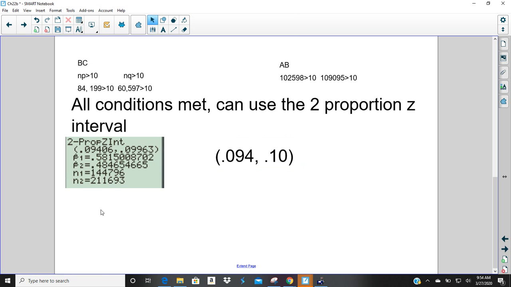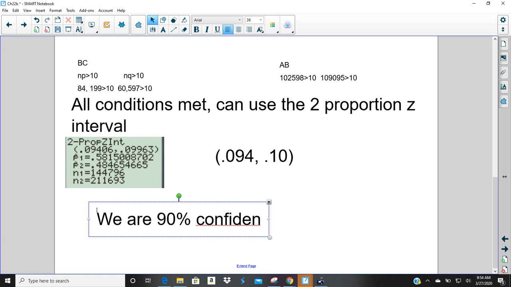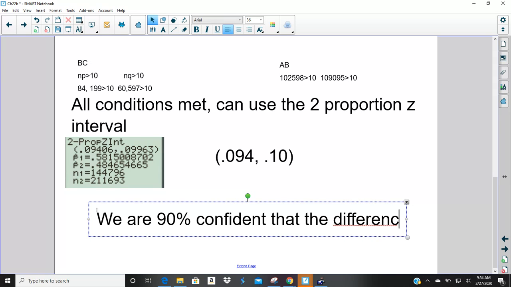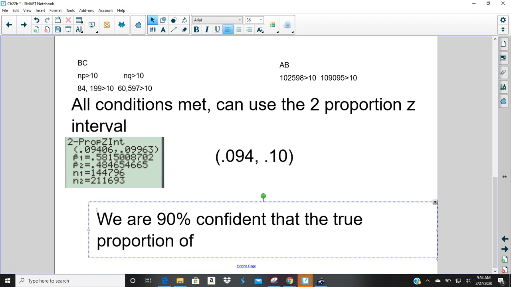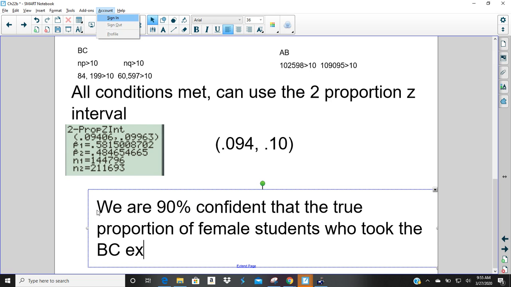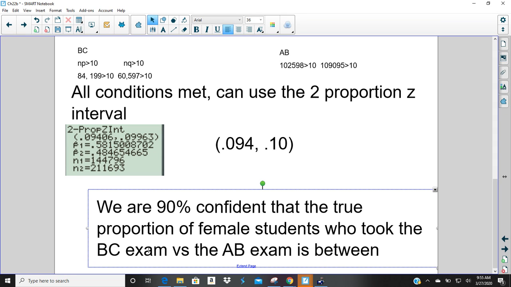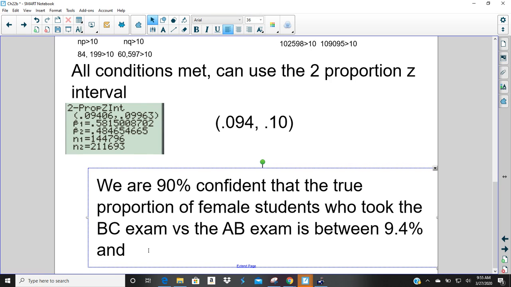So what are we dealing with here? We are 90% confident that the difference in the true proportion of female students who took the BC exam versus the AB exam is between 9.4% and 10%.